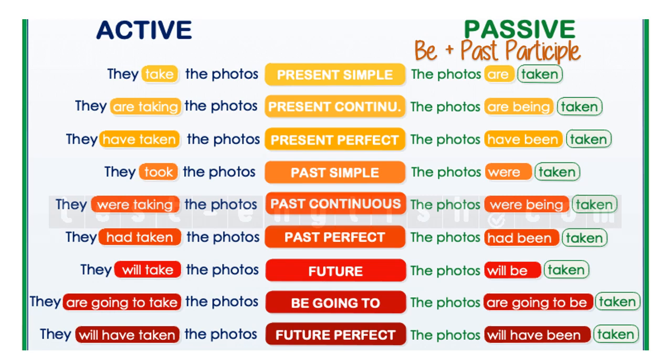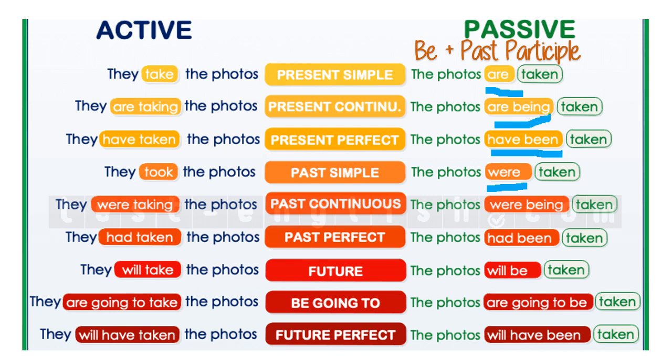And I want you to please notice that what changes is the verb be: are, in this situation are being, have been, were, but the past participle is always the same. Taken, taken, taken, taken. Because these examples are the same sentence in different tenses.